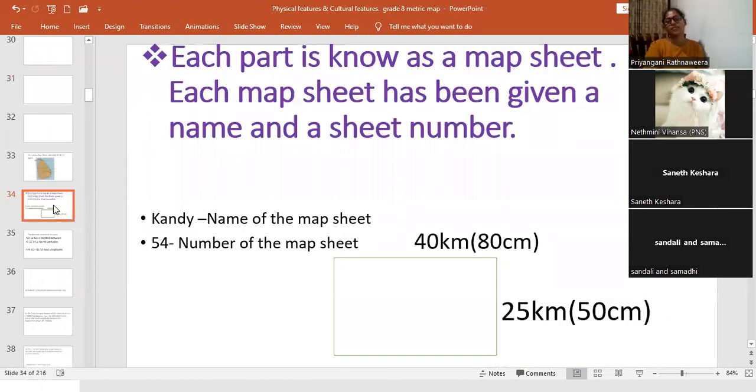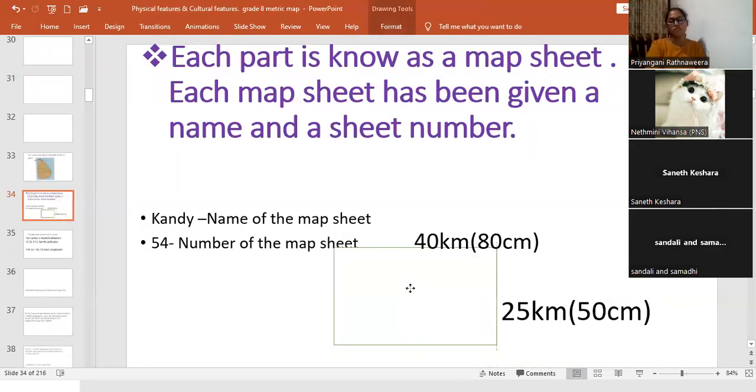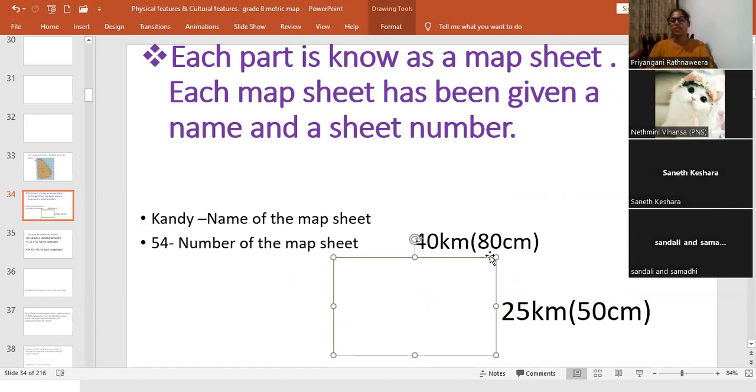Here you can see the size of one map sheet. Look at this one. Length of one map sheet 80 centimeters, width 50 centimeters.